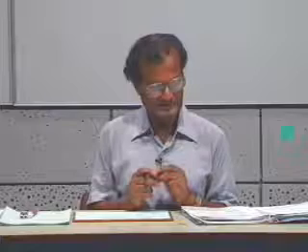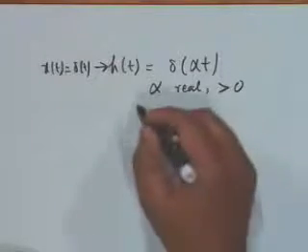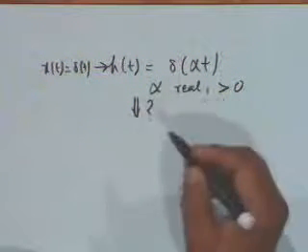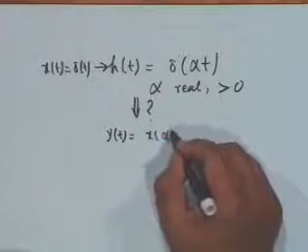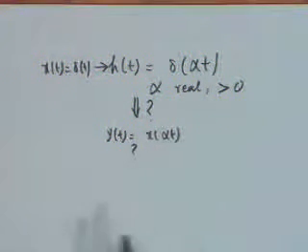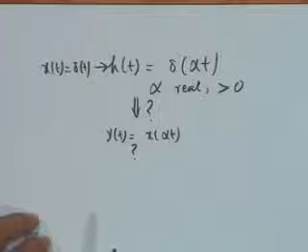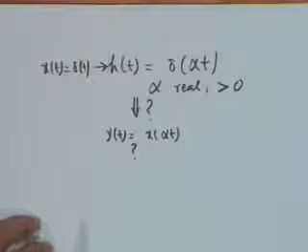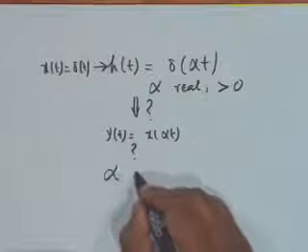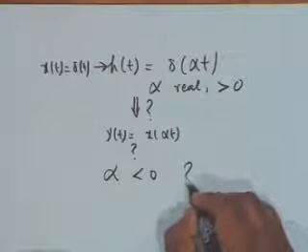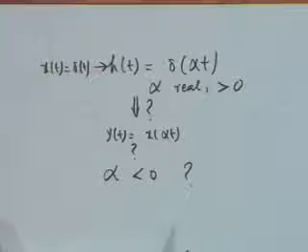It is claimed that the system input-output characteristics are given by y(t) equal to x(alpha t). Do you agree with the claim? If yes, justify the claim. If not, find the correct relationship. Also, what happens when alpha is negative? That is the question. I have got a spectrum of answers.